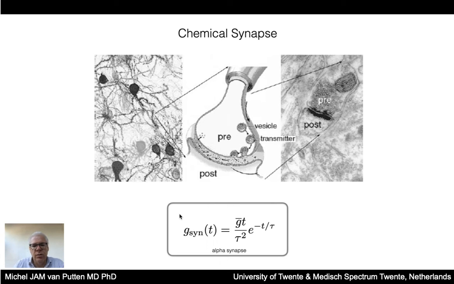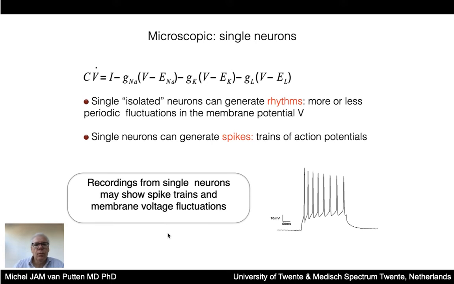And we also learned that the change in the conductance induced by the synapse can be described, for instance, with the alpha function shown here, which is, of course, related to the alpha synapse. And indeed, we learned that if we record in single neurons, we can not only measure action potentials, we can also measure rhythms, trains of action potentials.